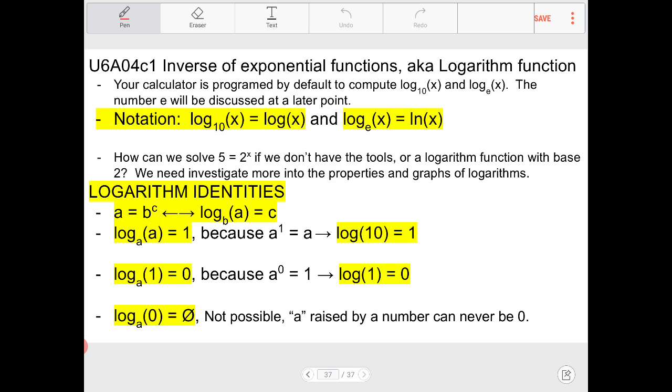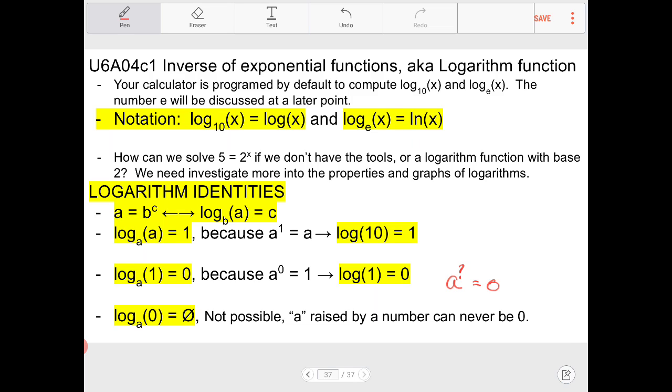A raised to a number can never be 0. Think about this. If you have a raised to some number, can it ever equal 0? This goes back to the understanding of graphs of an exponential function. An exponential function can never dip below 0. Remember that. Because of this, the log of 0 is undefined.